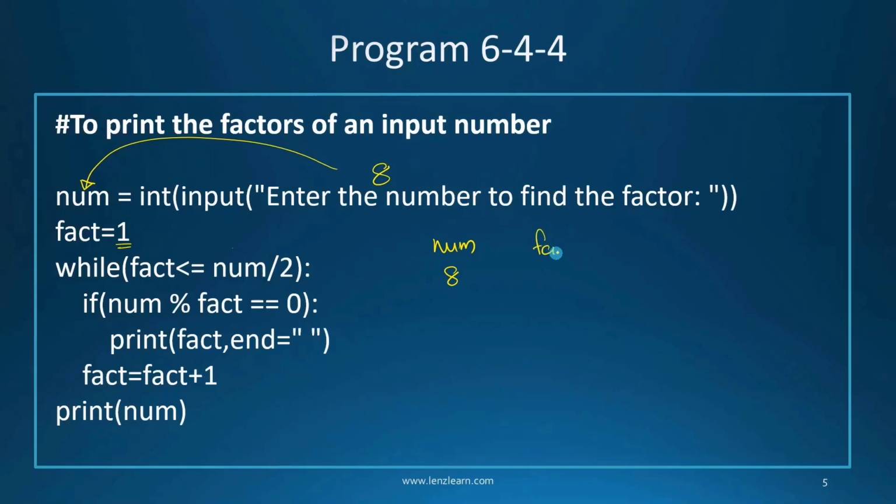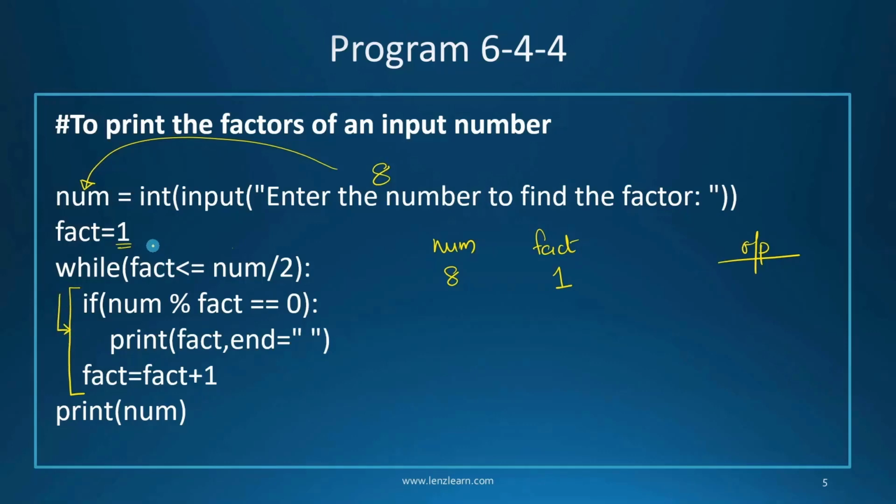I have another variable fact which has value 1, and here I have my output. So now my while loop starts. You can see these 3 statements belong to the while loop, and the last print statement is outside of the while loop. So the last print statement will execute only after the while loop finishes or terminates.